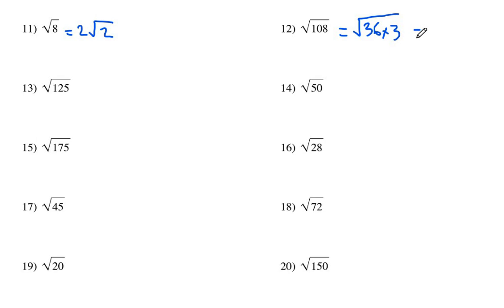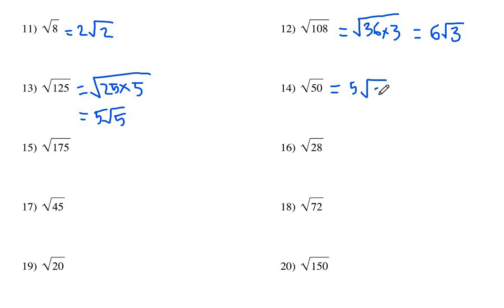Yeah, and so this will be simplified to 6 radical 3. 125, well, this can be written as 25 times 5, so that is 5 root 5. 50, well, that's pretty easy, 5 root 2, because 50 is 25 times 2.